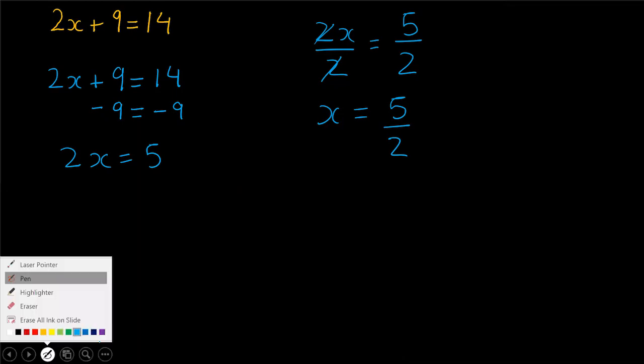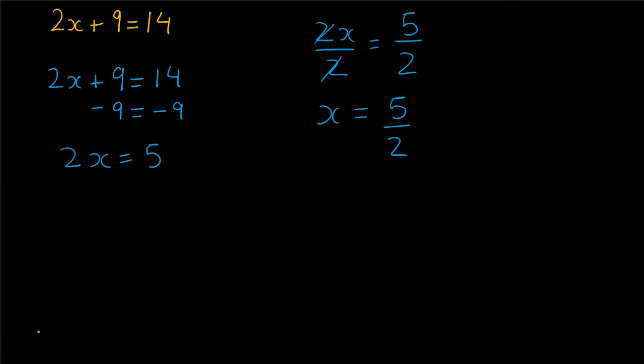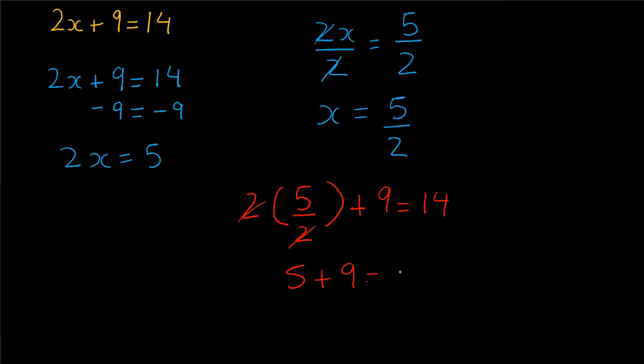I'll use red. So 2 times 5 upon 2 plus 9 is equal to 14. We can cancel out the 2's. We get 5 plus 9, which is equal to 14, and it's right. So our answer is absolutely correct.